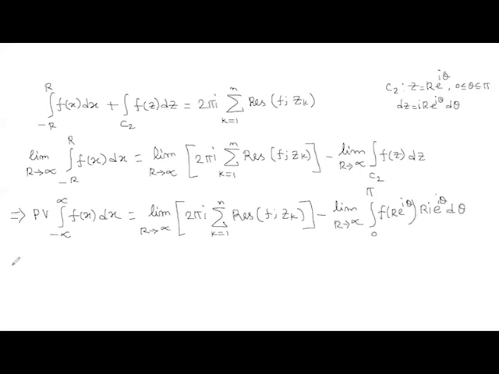So our next step is to find the value of the limit as r tends to infinity of the integral from 0 to pi of f(r e^(i theta)) r i e^(i theta) d theta. Now we'll see how to evaluate the contribution of this part in the following example.